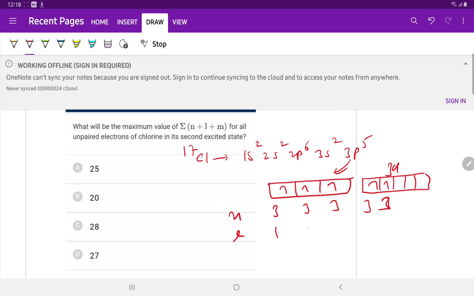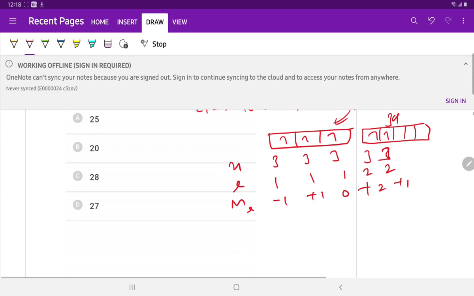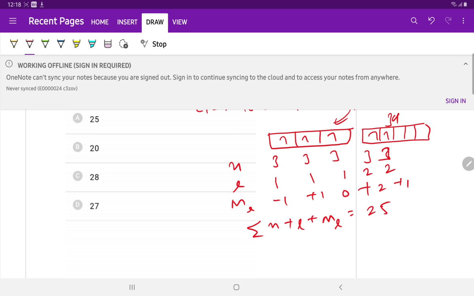The value of L is 1, 1, 1 for 3p, and for the d subshell the value of L is 2. ML is -1, +1, 0, +2 and +1 maximum. So we will use +2 and +1 values. So summation of N plus L plus ML is equal to 25. So option A is correct.